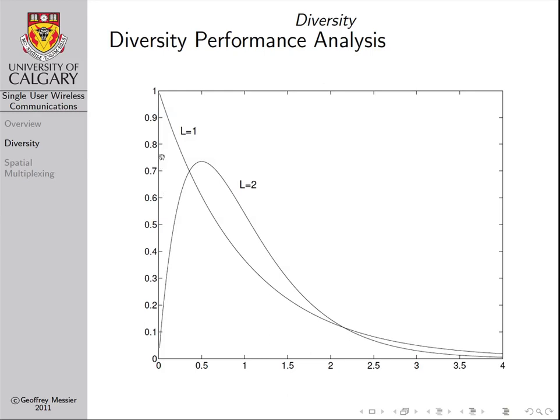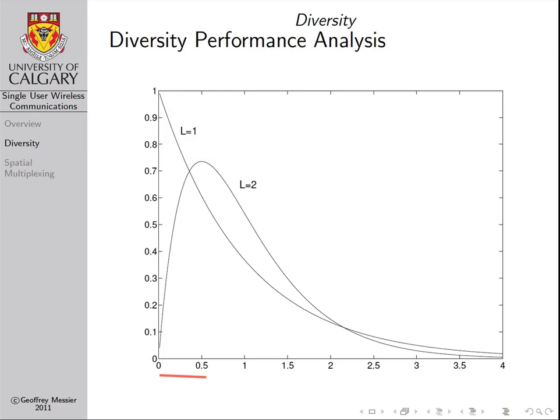Basically, what that tells us is that the channel spends a lot of time close to 0. So if the PDF has a large value in this low range on the x-axis, then the signal is spending a lot of time here, a lot of time in deep fades.